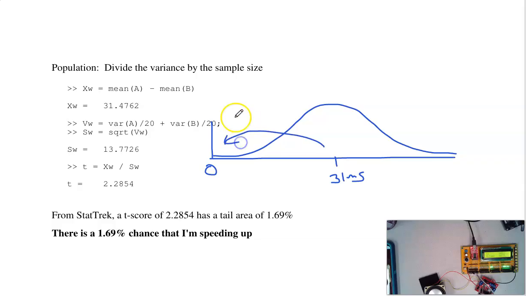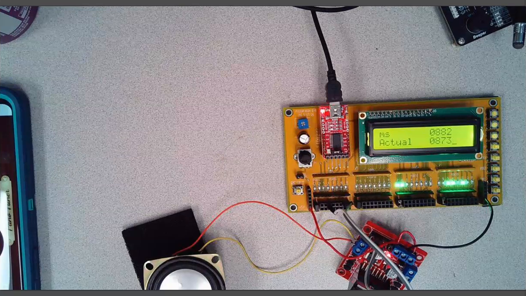Now the t-score is 2.28. Going to Stat Trek, the area of the tail is 1.6%. It should be 50-50 if I'm keeping the tempo. Looks like I most definitely am slowing down. That's a t-test. So anyway, that is homework set number 9 for 376, trying to measure your tempo.